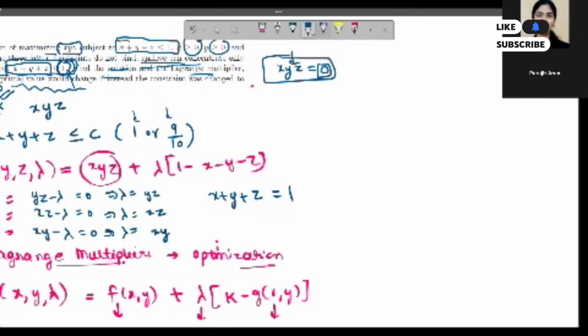Ma'am, y equals x in this case. Correct. So if you substitute it in this, what will you get for your x, y, z?